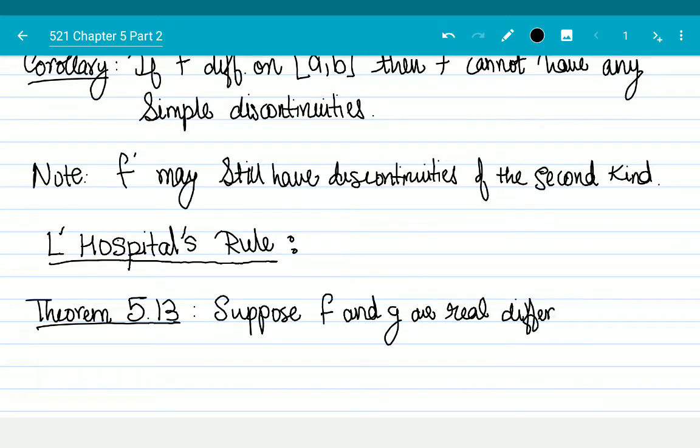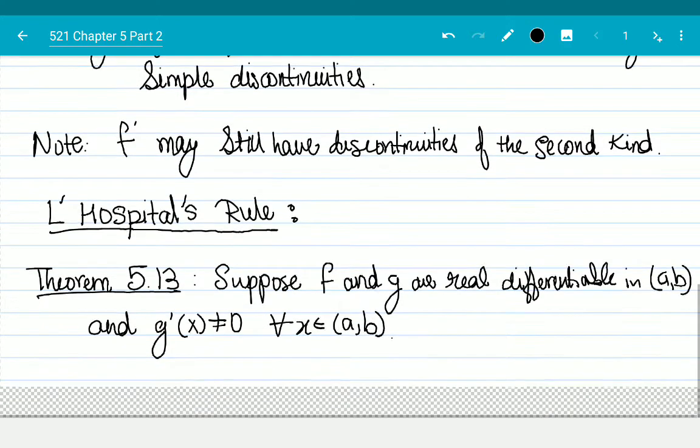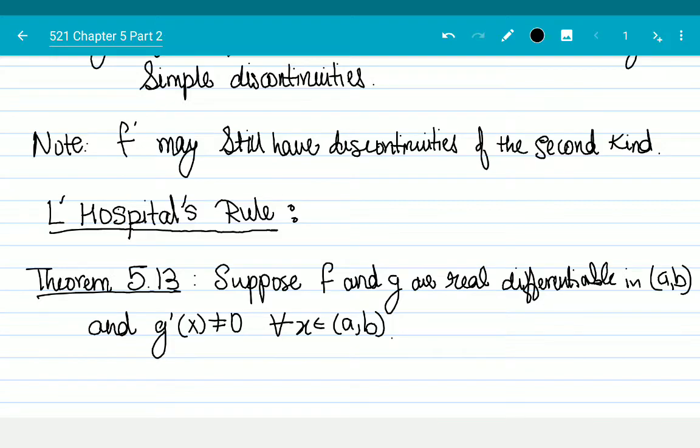Real, differentiable in (a, b). And furthermore, assume that g prime of x is not equal to 0 for every x in (a, b).